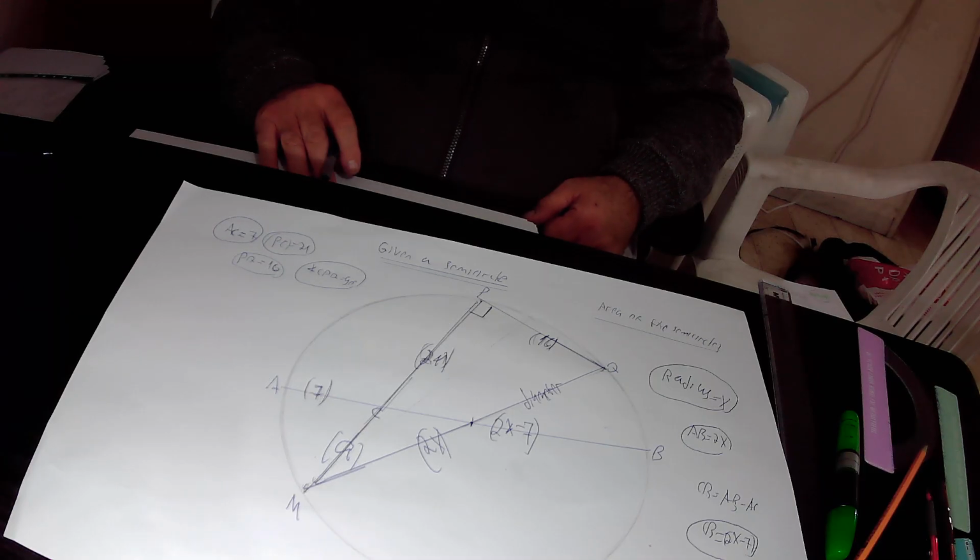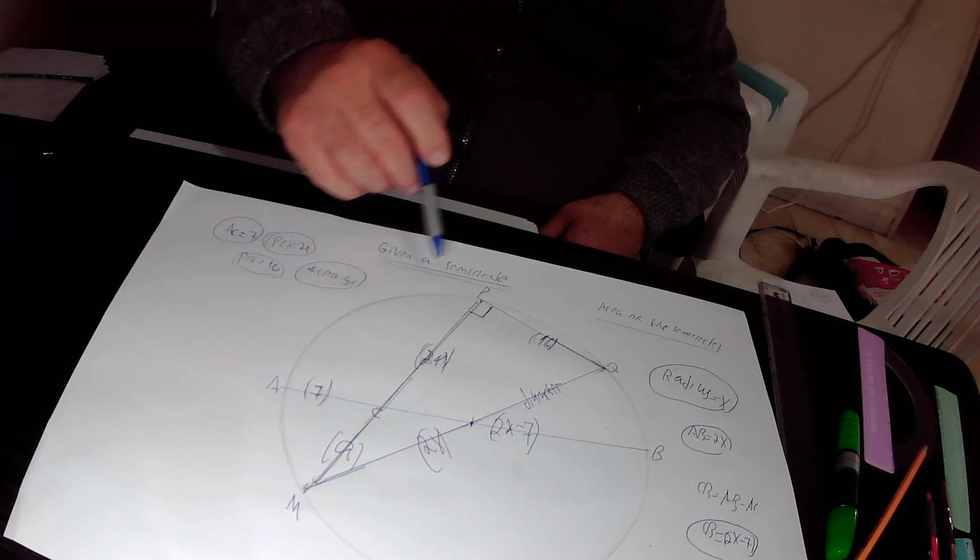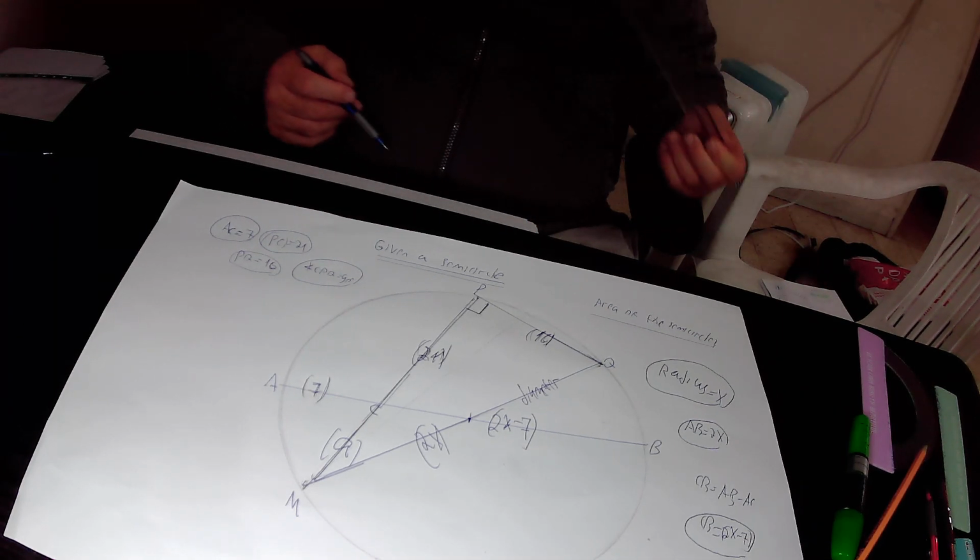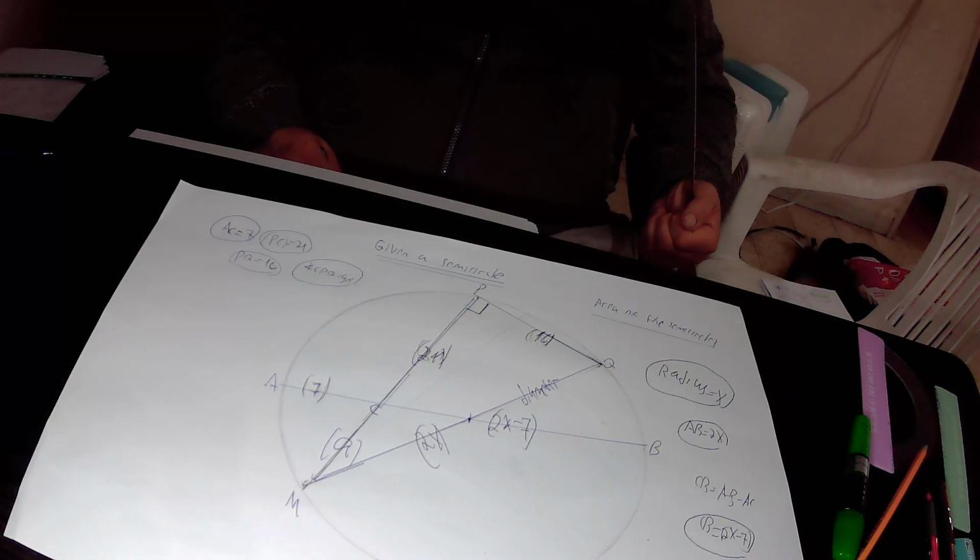According to the Pythagoras theorem, on this big right triangle PQM, in any right triangle, the square of the hypotenuse equals the sum of the squares of the perpendiculars.